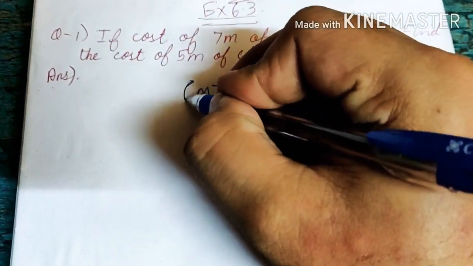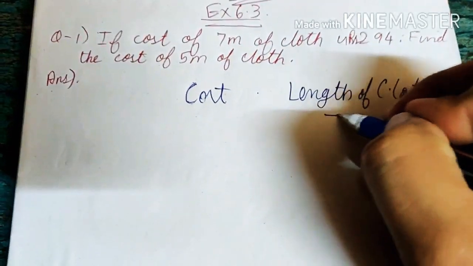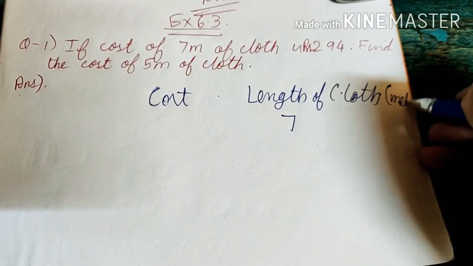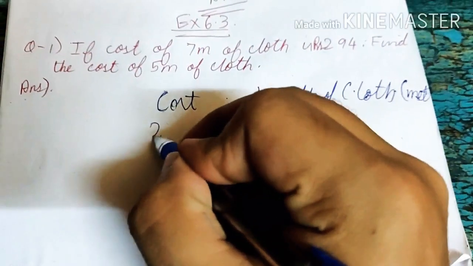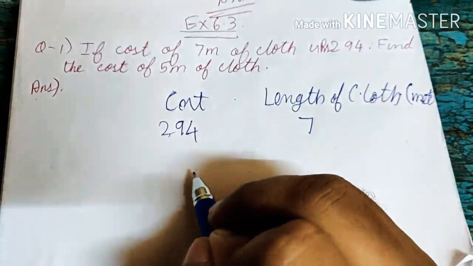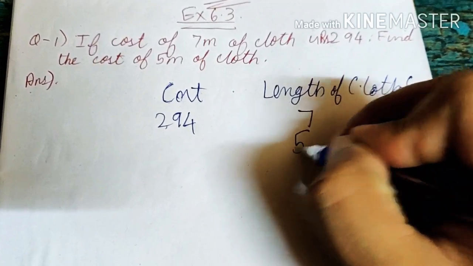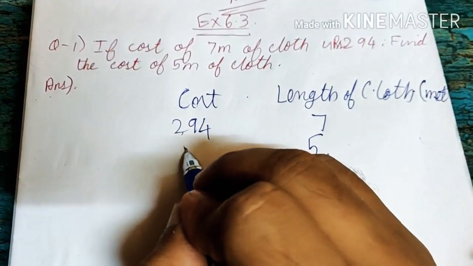Cost here is, length of cloth is 7 in meter and cost was 294. Find the cost of 5 meter cloth, and here we don't know, we have to find the cost of 5 meter cloth.